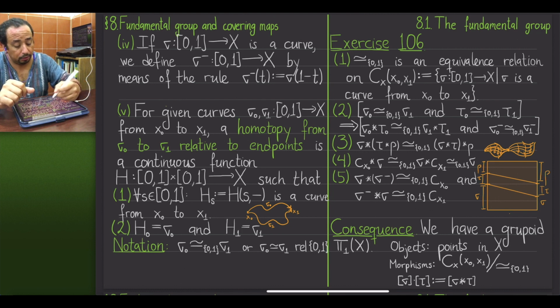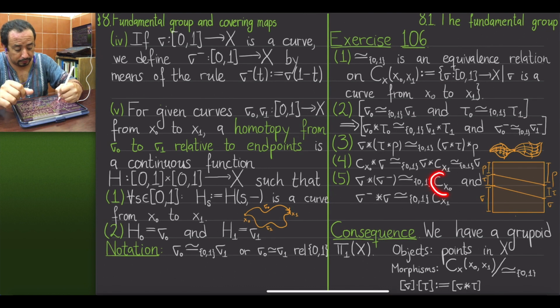All right, and then also up to homotopy, this sigma minus functions as an inverse of sigma, right? Again, kind of respecting the domain and codomain in this category that I just mentioned.